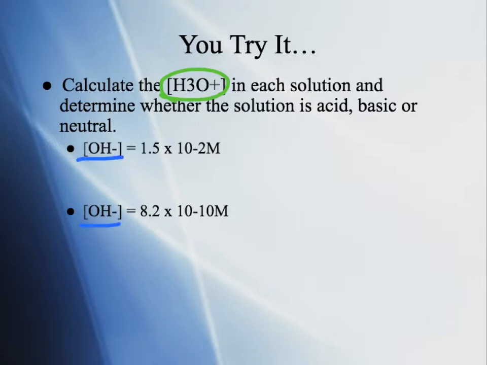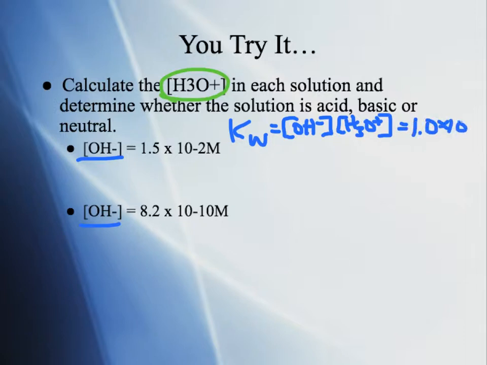You solve the equation, remember, Kw equals hydroxide times hydronium equals 1 times 10 to the negative 14. Use that equation to plug in the hydroxides to solve this time for the hydronium ion concentration.